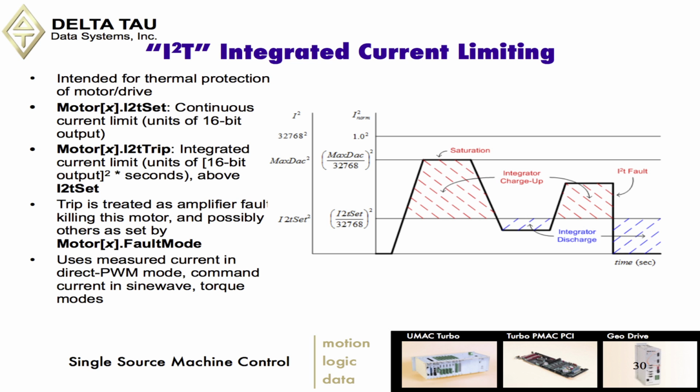Power PMAC uses I squared T, so integrated current limiting. So there's a couple of structure elements here. I2T set, this is the continuous current limit. So this would be what your continuous current is that will then be integrated over time to make sure that it doesn't violate the I2T trip.